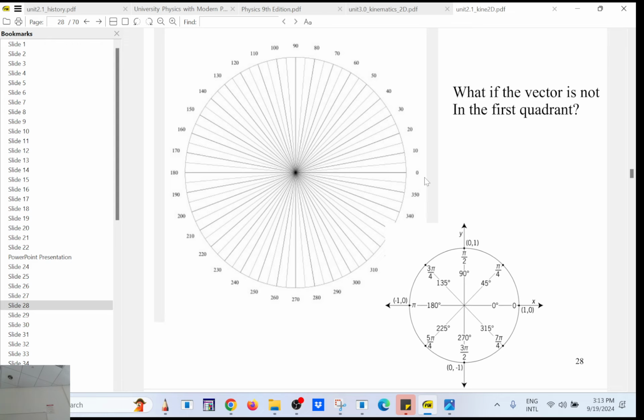Okay, if you have a vector and you are given 600 miles, 10 degrees north of west, you take your polar graph that you can print out. You can take it for your assignment or test. So then you say, okay, 10 degrees above the horizontal is going to be here.